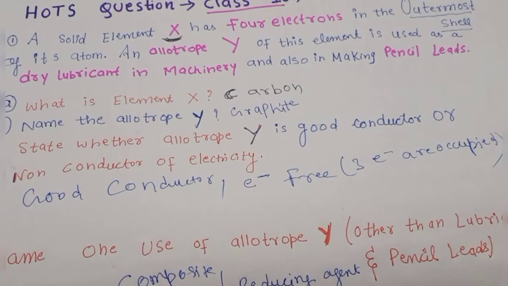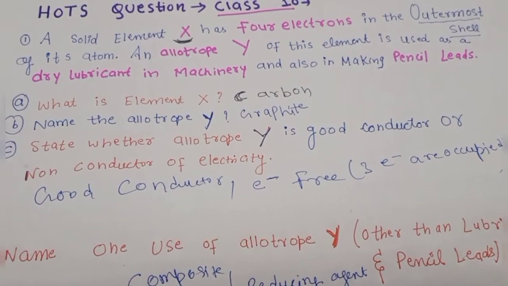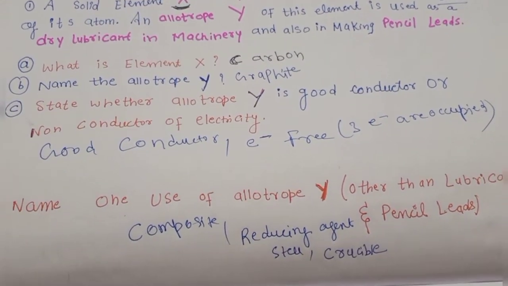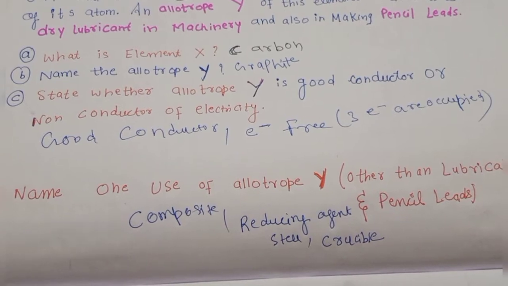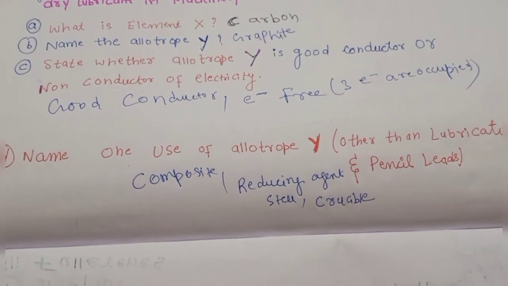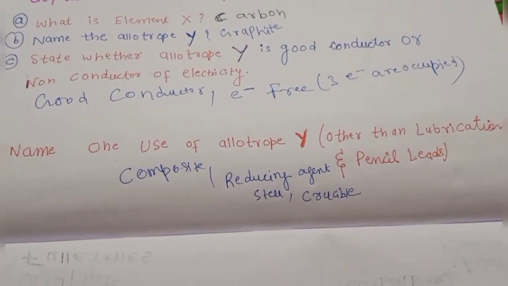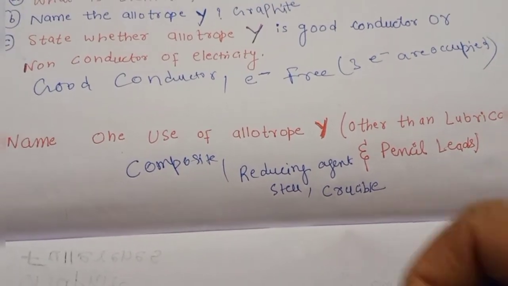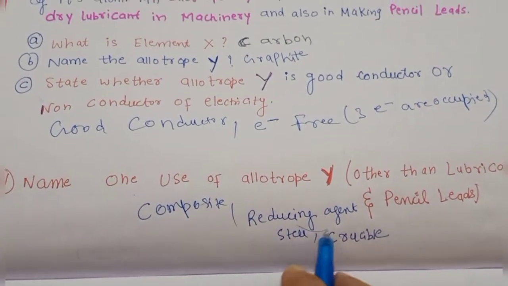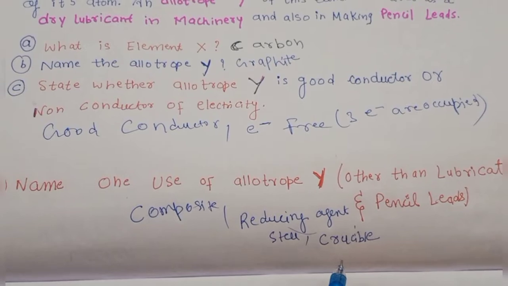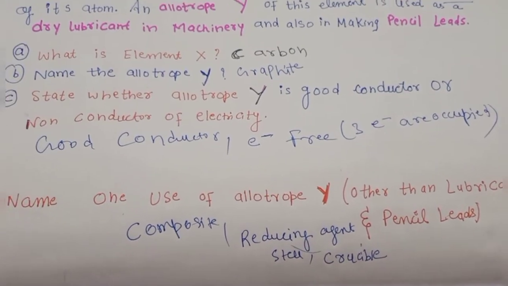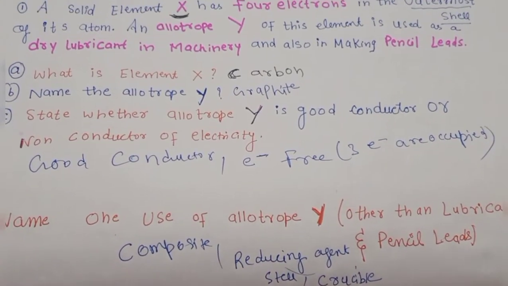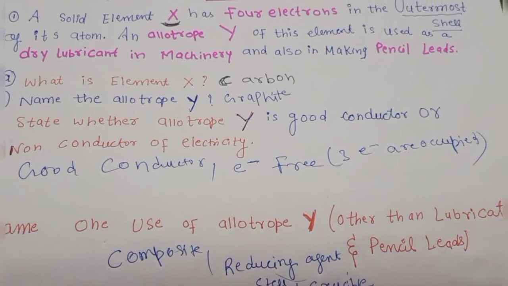It is a very good conductor of electricity because of free electrons, and we will discuss this in detail. Then name one use of allotrope Y other than lubrication and pencil lead. They are used for making composites and as a reducing agent, and they are also used for making crucibles and so on.